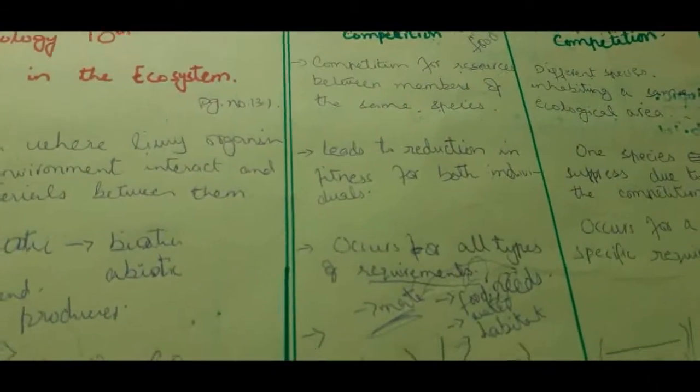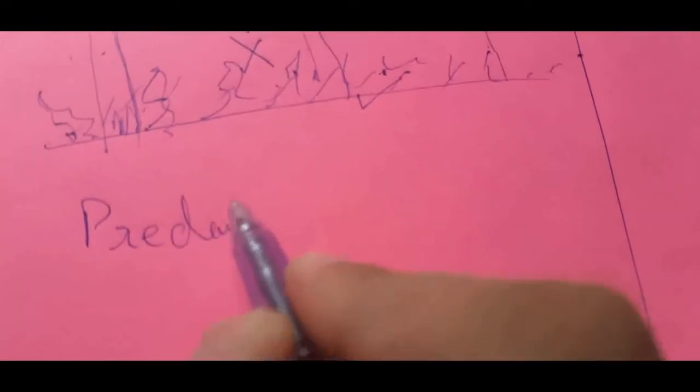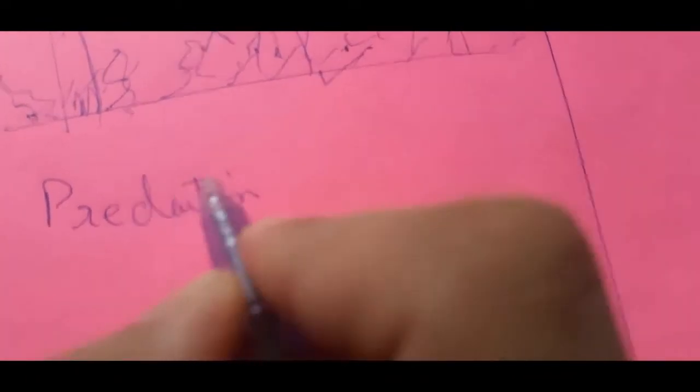Okay, moving towards the other type of interaction, that is predation. Now what is predation? Predation is the killing and being killed interaction.